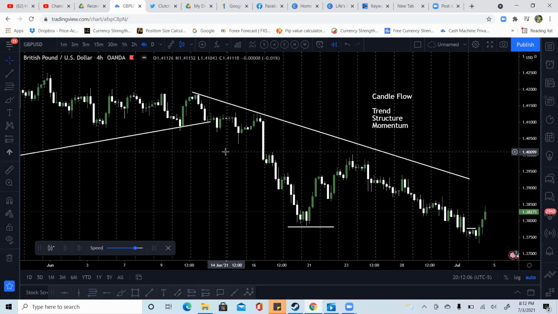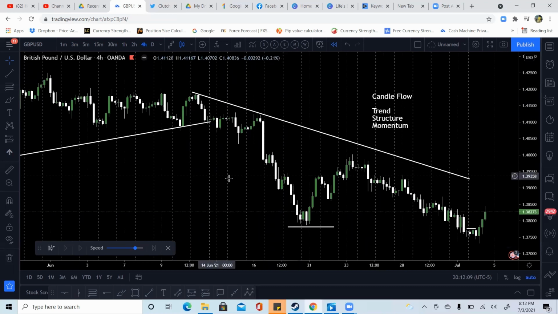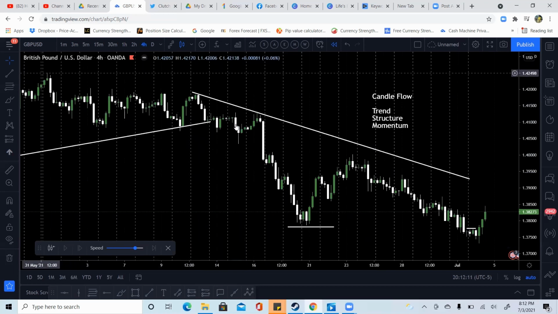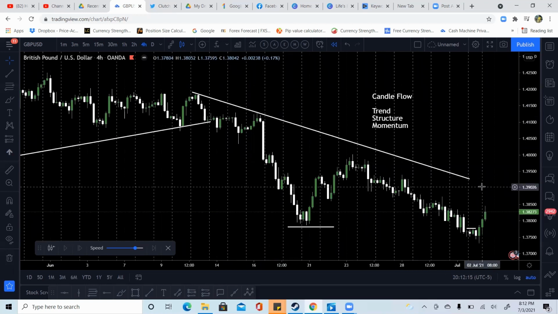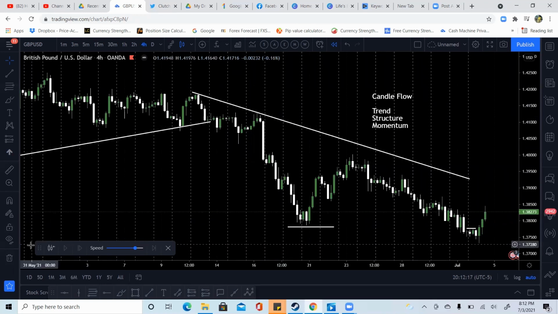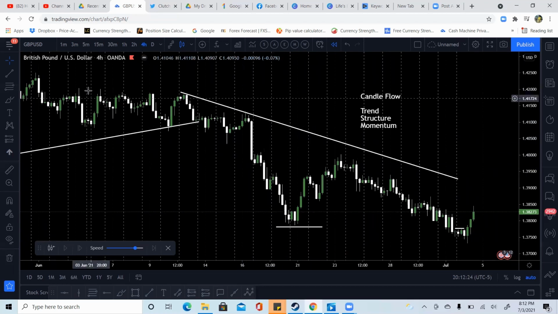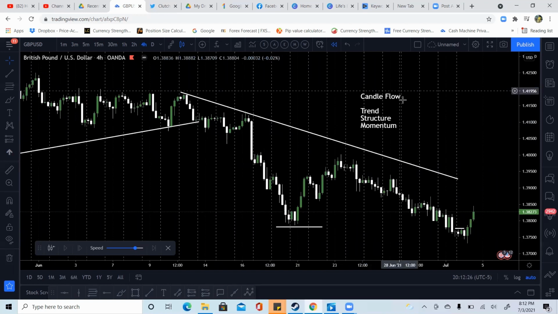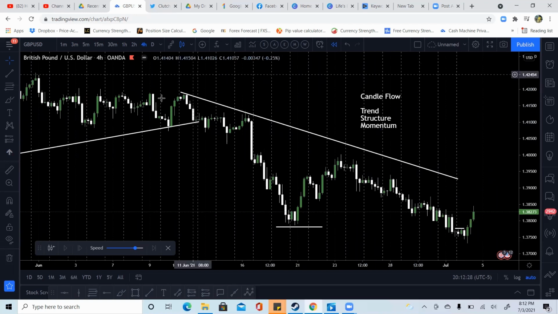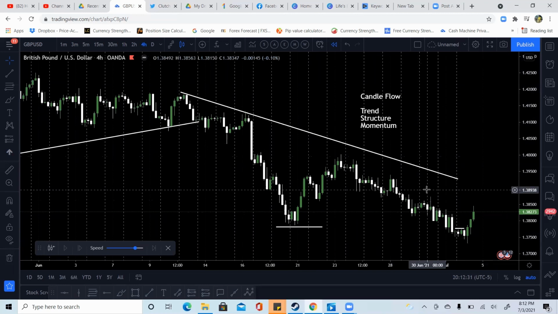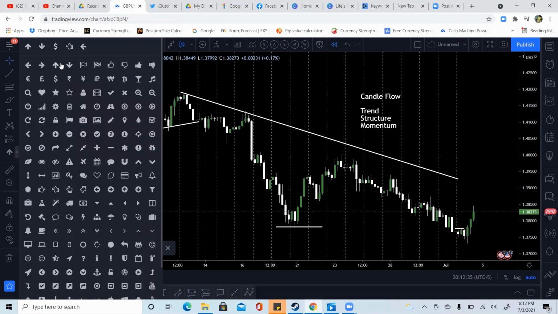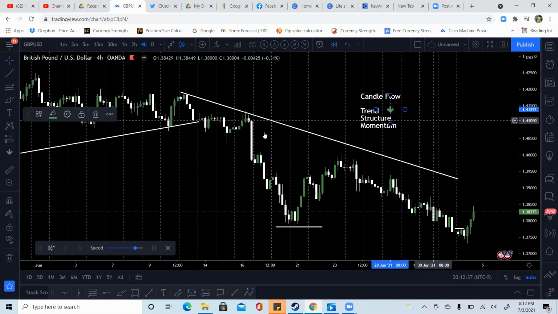So you can obviously see, because price is coming from the upper left to the bottom right, that's a downtrend. If the price is coming from the bottom left to the upper right, then that's an uptrend. So you got trend here. So you understand that the trend on the 4-hour is downwards. This is how I kind of do it. So you have your trend, structure, momentum. So trend is down.